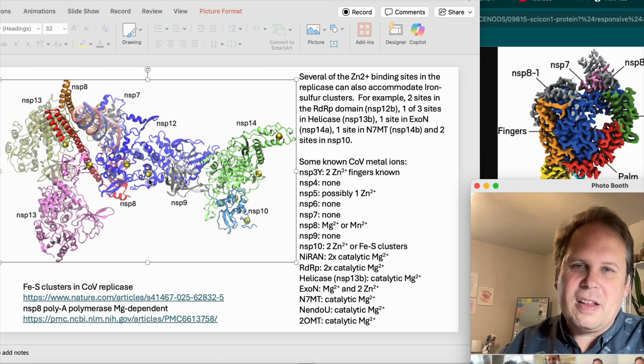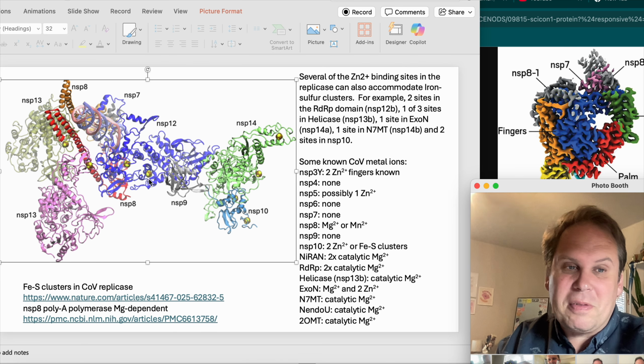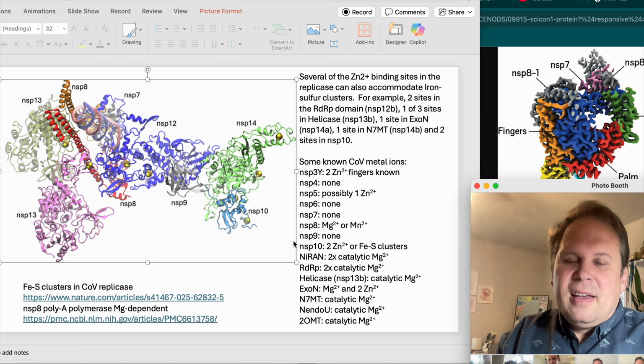So like NSP10, they're probably zincs, they look like zinc fingers, but those same cysteine and histidine residues would coordinate an iron-sulfur cluster, and that may actually be the preferred substrate. The jury's a little bit out on that right now. We'll come back in a couple of years and hopefully know which one is more important. And it may be that it works with both. I have no idea.